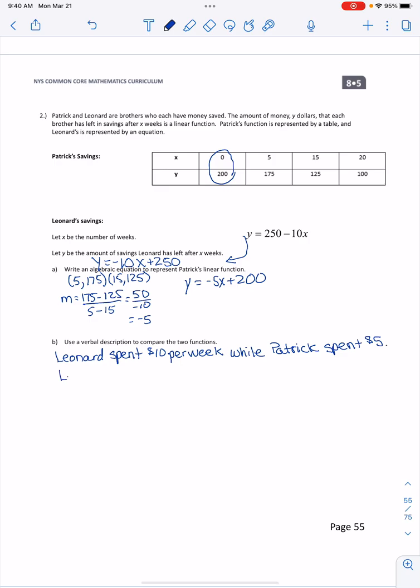Leonard started with $250 in his savings. Patrick started with $200 in his savings.